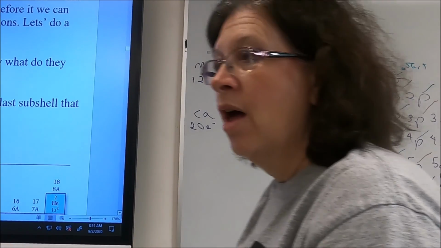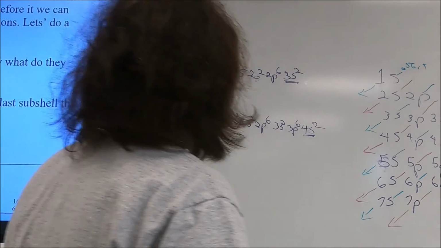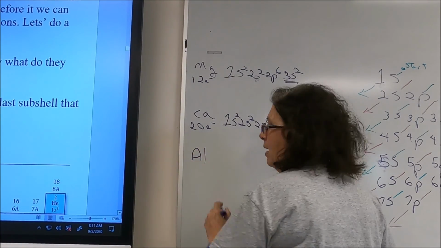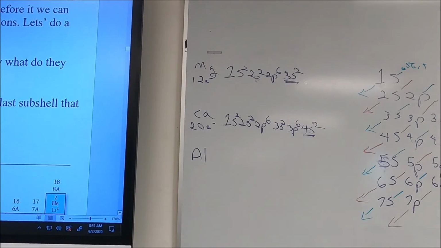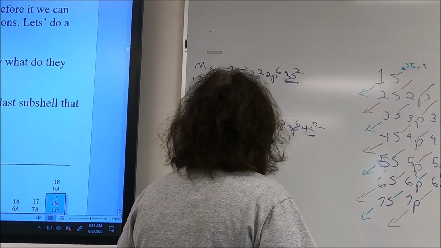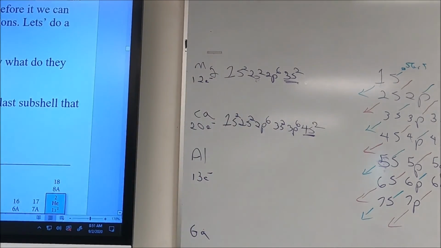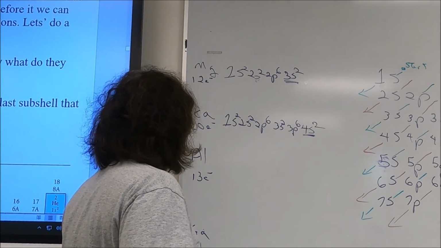If we move on, we look at aluminum and gallium. Aluminum has 13 electrons and gallium has 31 electrons.